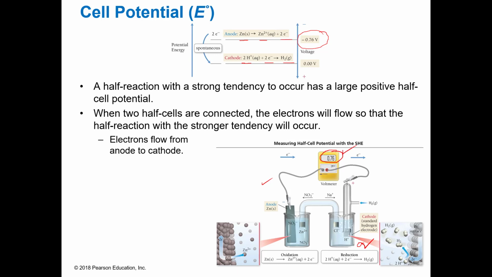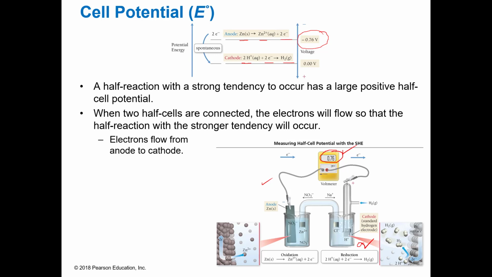So we assign every bit of the voltage change to the zinc. And that's the way it works. That's the way we always do it. And then we can change out this reaction for anything we're interested in looking at, and we can figure out what the voltage will be or what the potential energy difference will be.